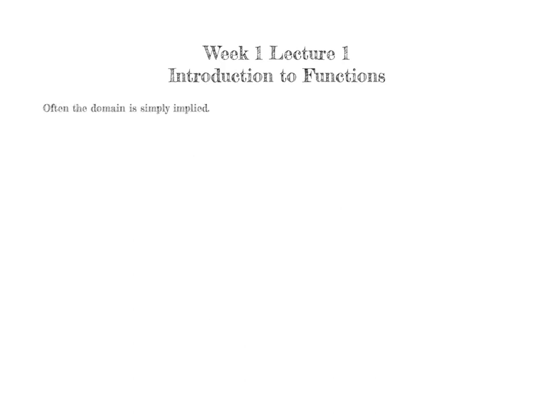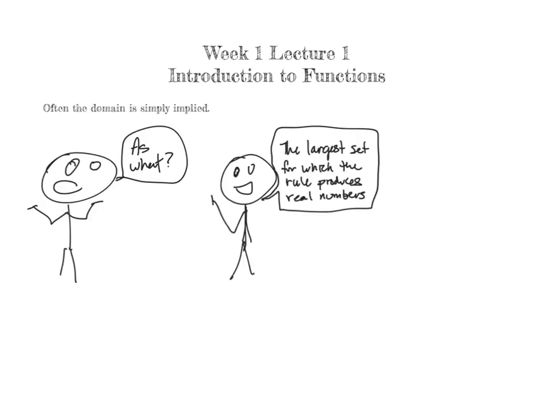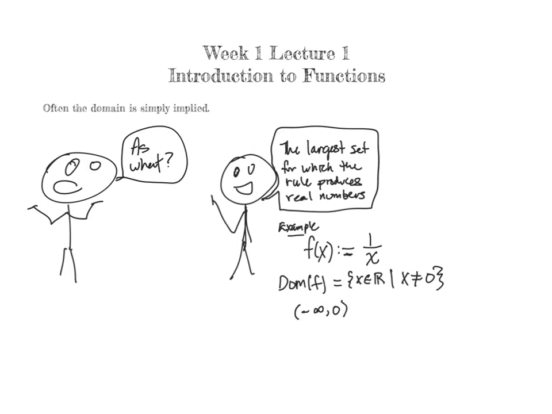Very often, when we talk about functions, we will simply write down the equation defining the rule for producing outputs, and take the domain to be implied as the largest set for which the rule is defined. For instance, if one simply writes f of x equals 1 over x, then the implied domain is the set of all real numbers such that x is not 0, or from -infinity to 0, union 0 to infinity, not including 0, of course.